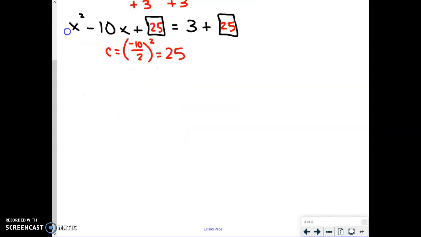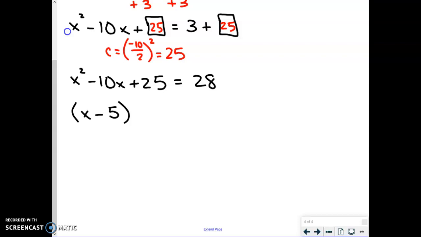So this now leaves us with x squared minus 10x plus 25, which is a perfect square trinomial, equal to 28. So now we rewrite that trinomial as a binomial squared, which in this case would be x minus, because it's negative 10x, 5, because it's the square root of 25, that binomial squared, is equal to 28.